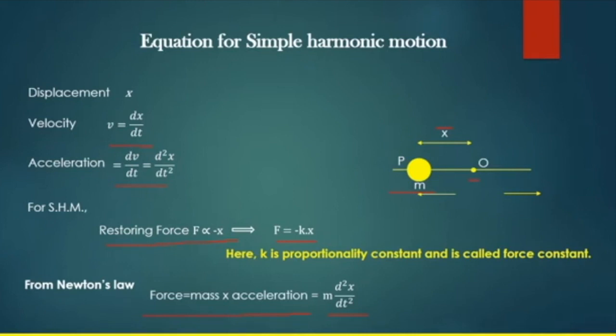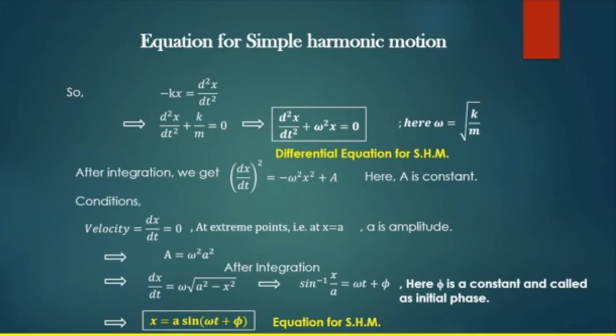Now these two forces are the same, so we can put them together and we will get this equation. Solving this equation, we get a differential equation, which is called the differential equation for simple harmonic motion.